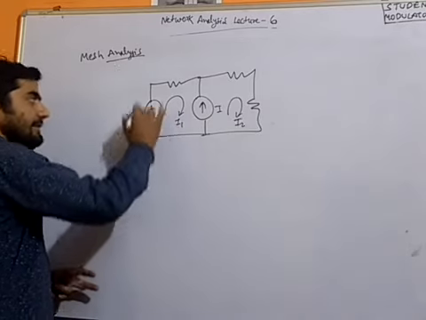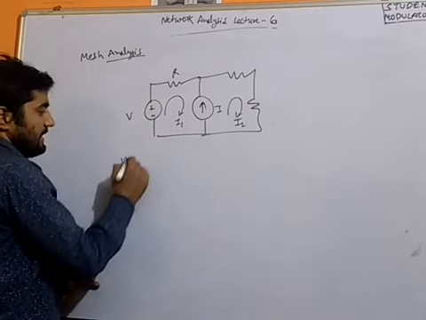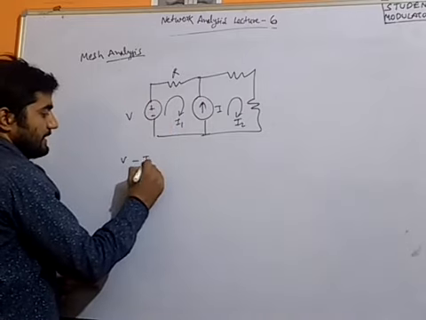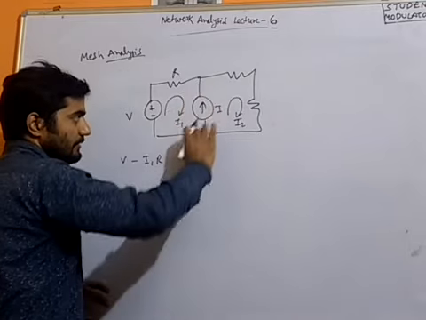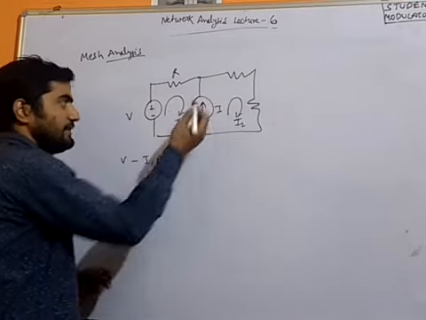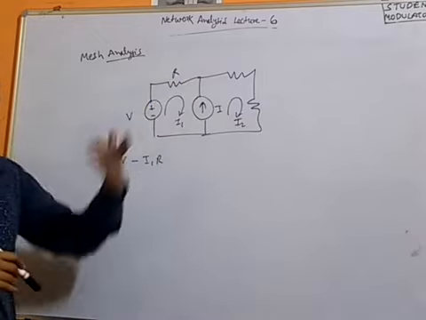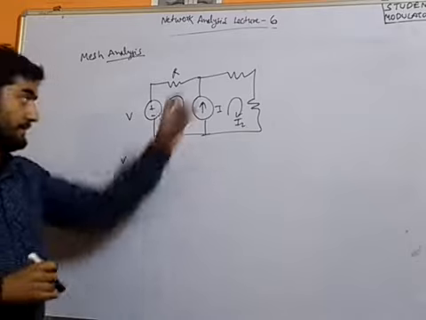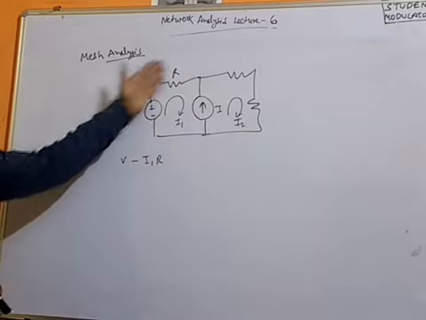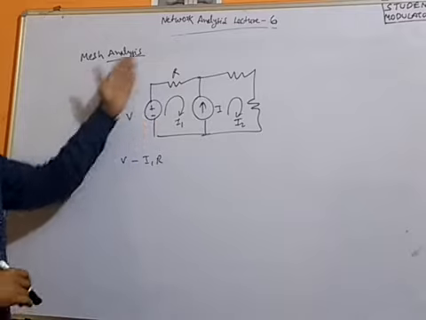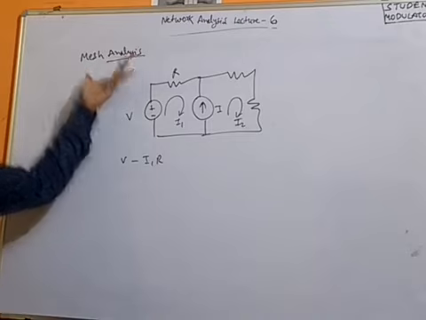While writing the KVL equation for this mesh, I write V, then minus I1 into R if this is R. After that we have to find the voltage drop across the current source, but that voltage drop is unknown, because we cannot find the voltage across a current source. So we cannot apply KVL, and that's why mesh analysis fails here.